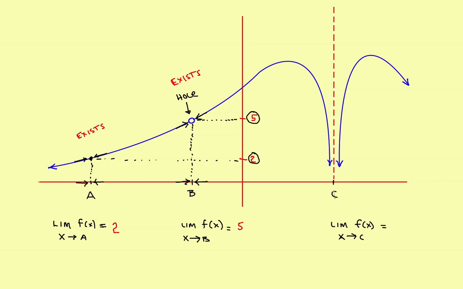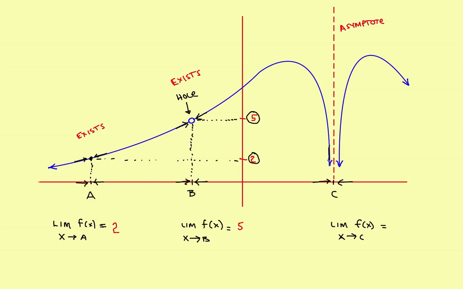Now the third possibility, suppose you have an asymptote, where the function is not defined. The question is, what is the limit of this function as x approaches c? We'll do exactly the same thing. Approach c from the left and from the right. Put your fingers on the graph, and watch out.